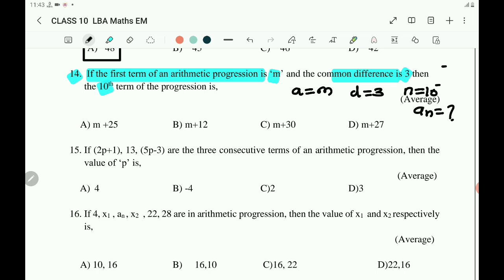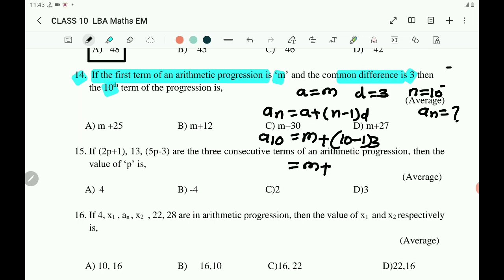Write the formula for An. An equals A plus n minus 1 into D. A10 is to be found out. A10 equals, in the place of A, write m, plus in the place of n, write 10 minus 1, in the place of D, write 3.